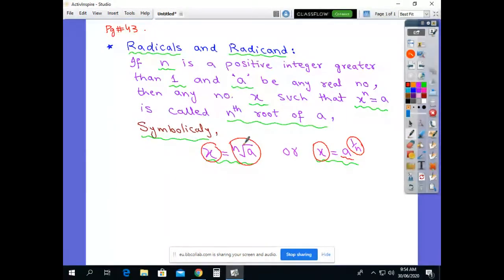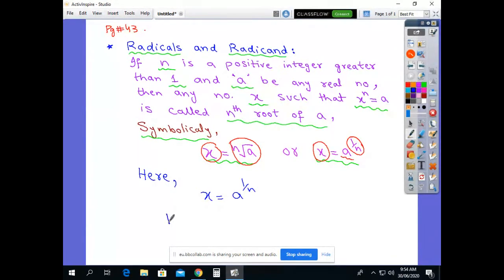Clear? Now what is radical, radicand, what is a, what is n? Here we see that x is written in the form of a^(1/n).